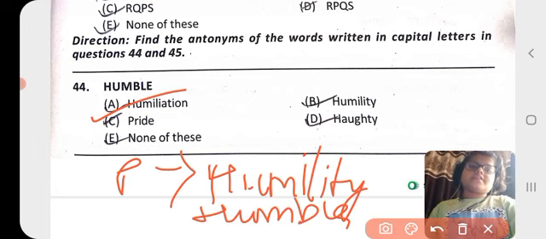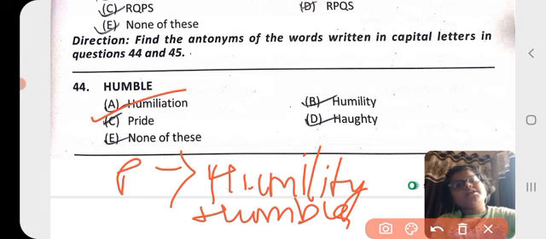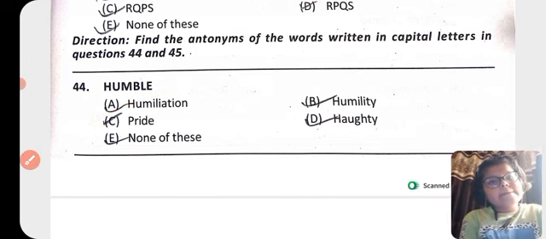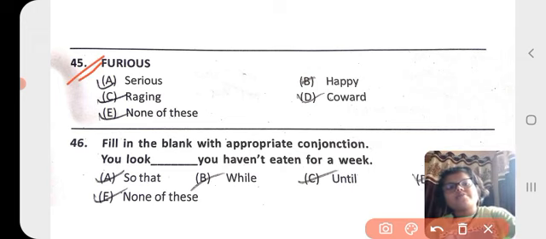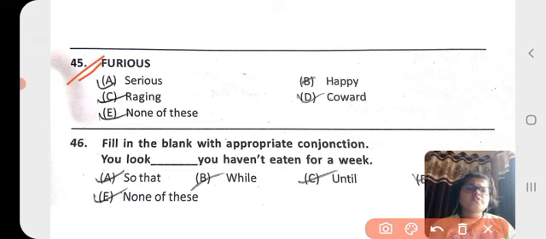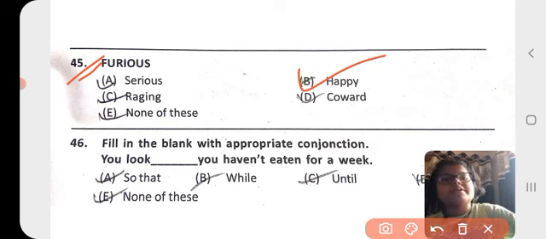There are two antonyms of pride. Question 45. Furious. So it must be very easy. The answer will be option B, happy.